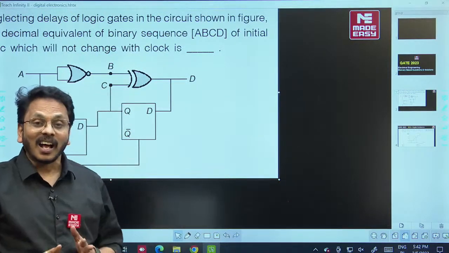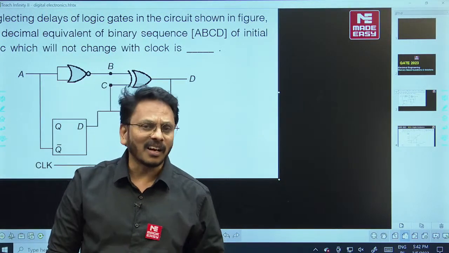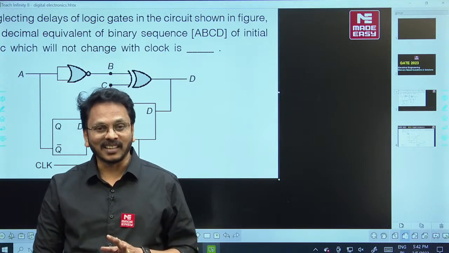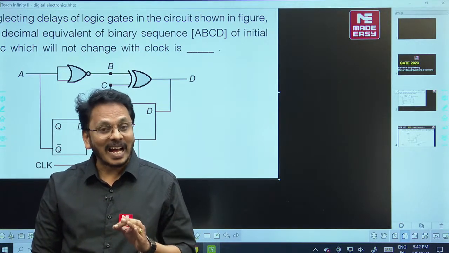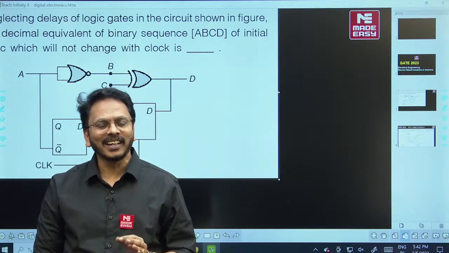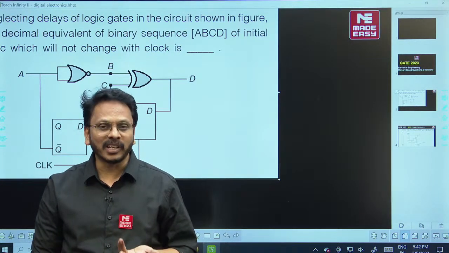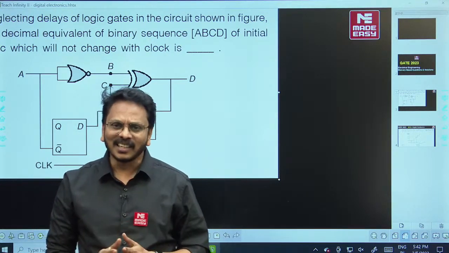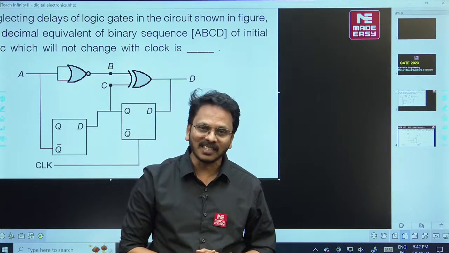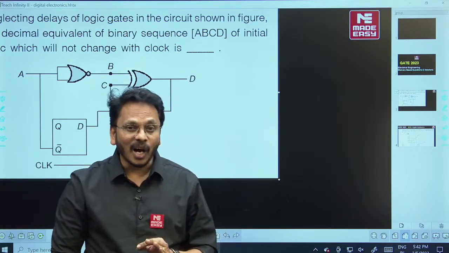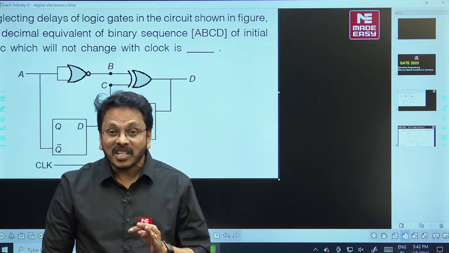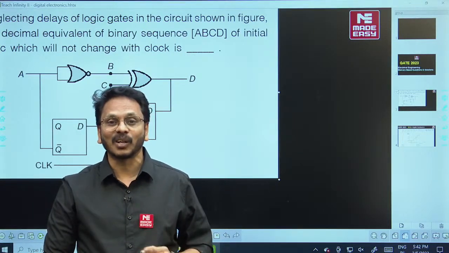Generally we used to discuss in the class one interesting thing, that is synchronous counters and asynchronous counters. Definitely we can expect a question like that. In the same way, here also we got a question related to synchronous counters.